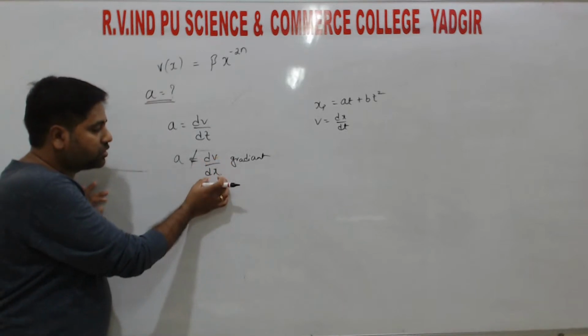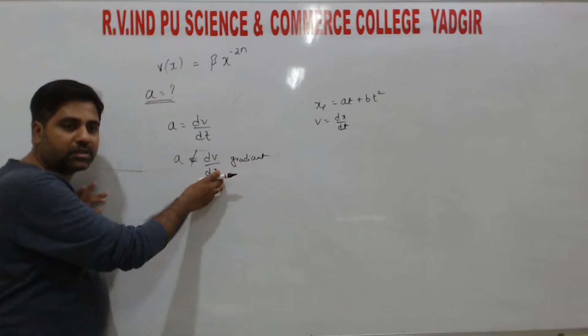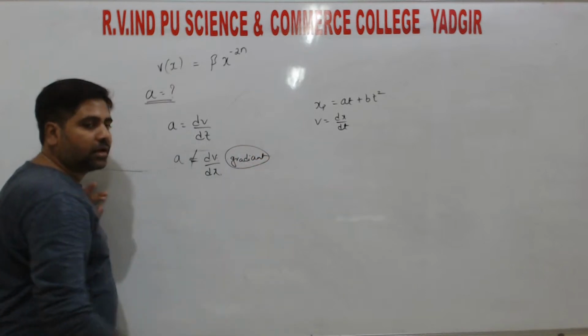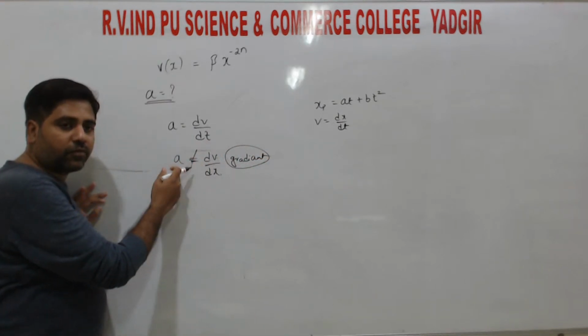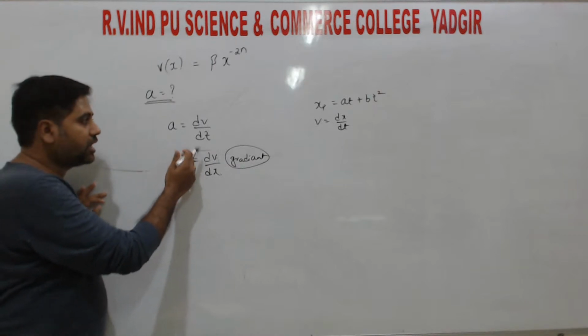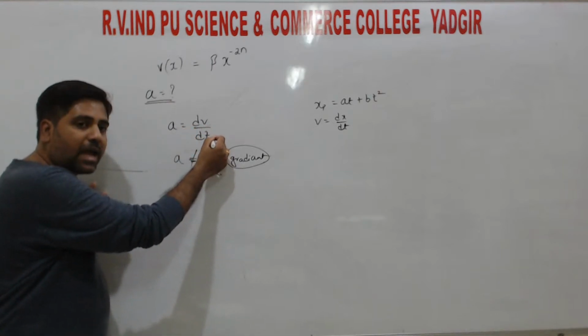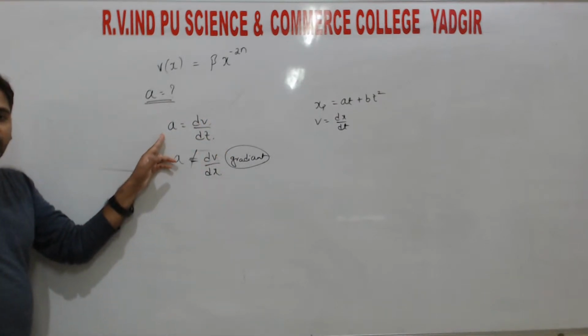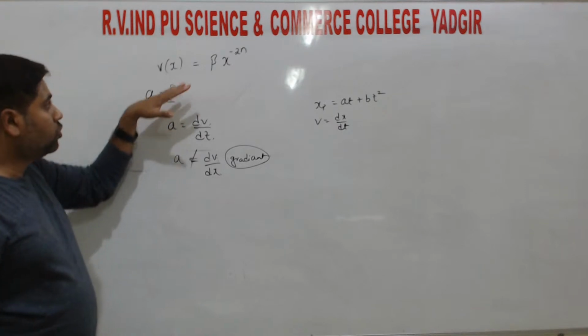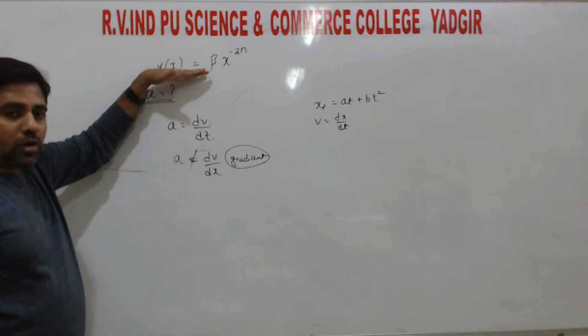That means change in velocity with respect to length or distance, we call that the gradient, right? That was not the definition of acceleration. Acceleration is dv with respect to time only. If we differentiate the velocity with respect to time only, then only we get acceleration. So we need to be careful while solving the equation.